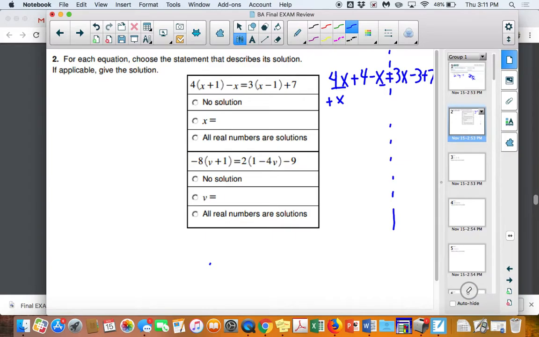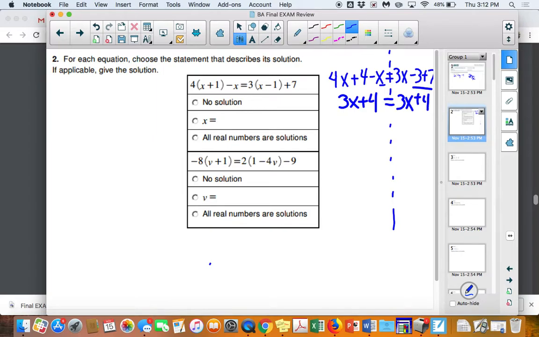So we definitely don't want to do those two things. So we just want to say 4x minus x is 3x plus 4 equals, and then over here I can put these two terms together, and again, you're just combining like terms. -3 plus 7 is a +4.